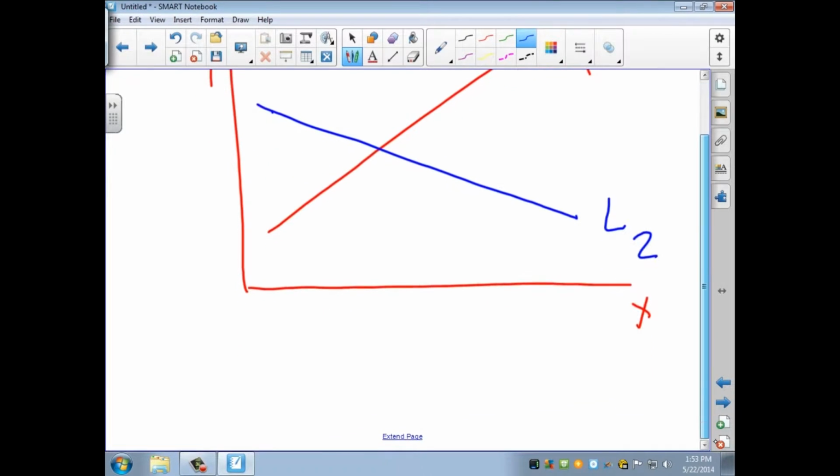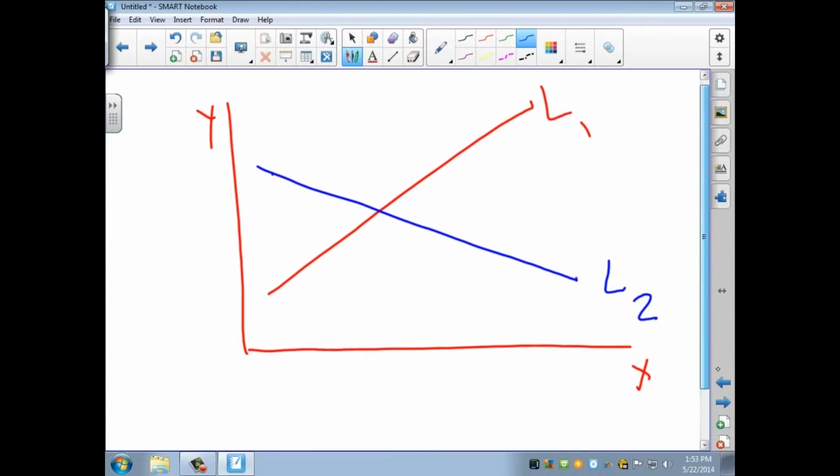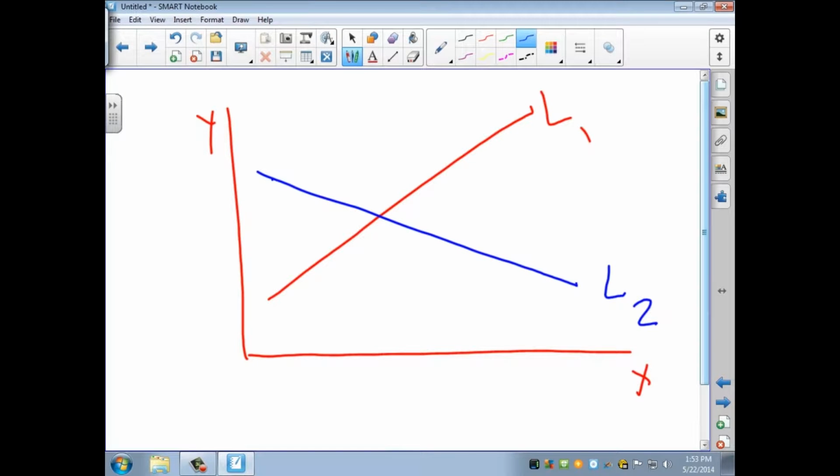The relationship between two lines, well, let's just look at this one for a moment. Relationship between two lines such as L1 and L2. One would be that they would cross each other. That means they have a common point between the two of them, such as point A. Right? So two lines can cross each other. That would give them one value.